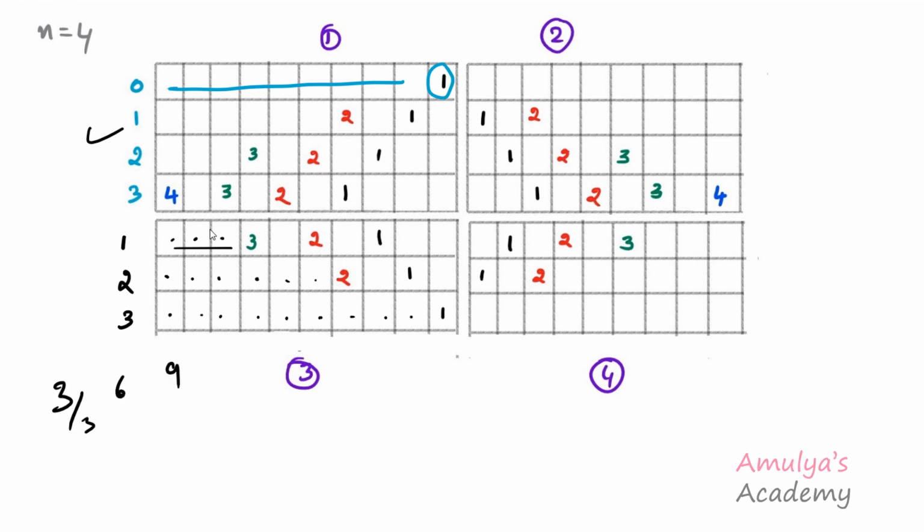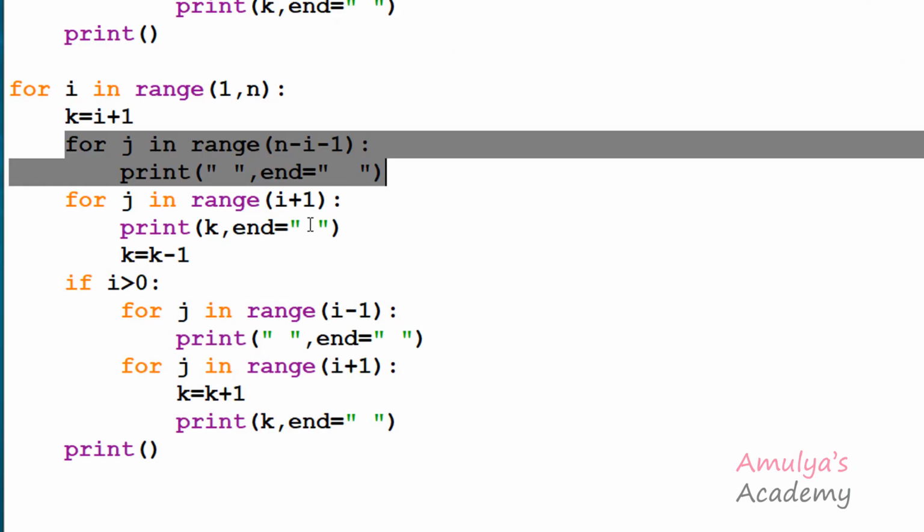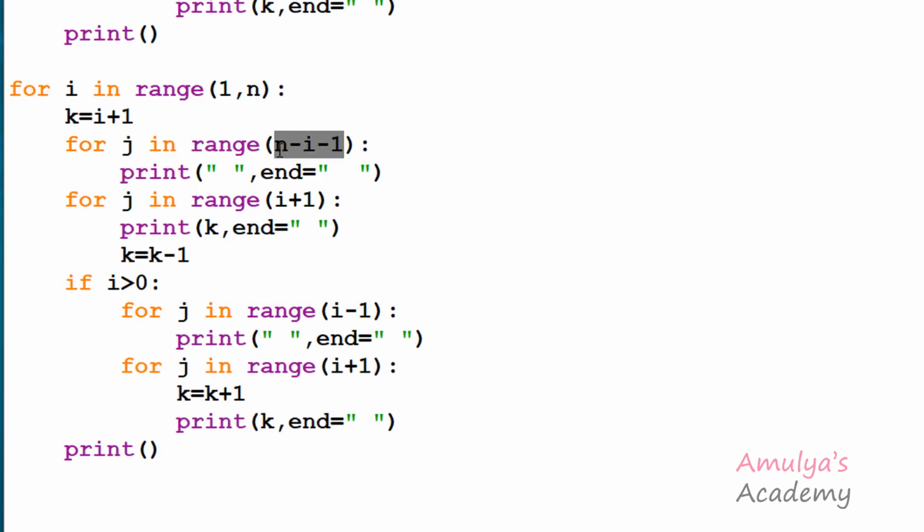If I divide this value by 3, because we'll print 3 spaces in a single iteration, I'll get 1, 2 and 3, which is nothing but the i value. So I'll take the range for the space as i, and here we'll print 3 spaces in a single iteration.